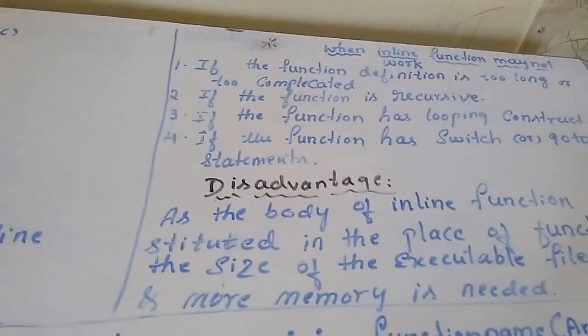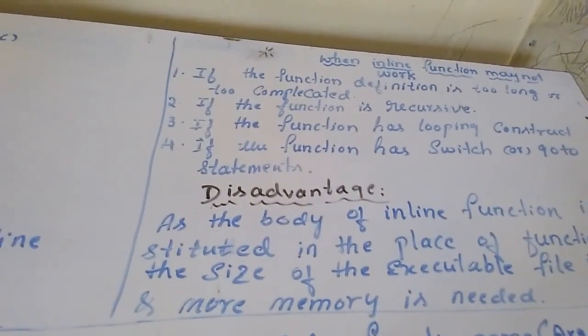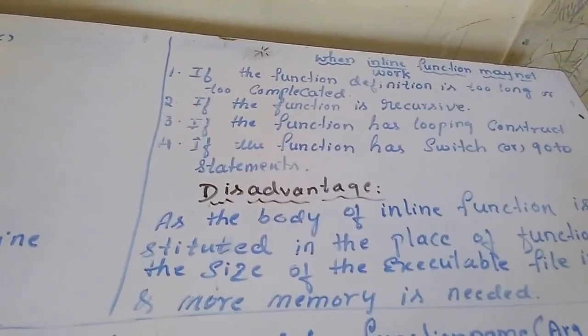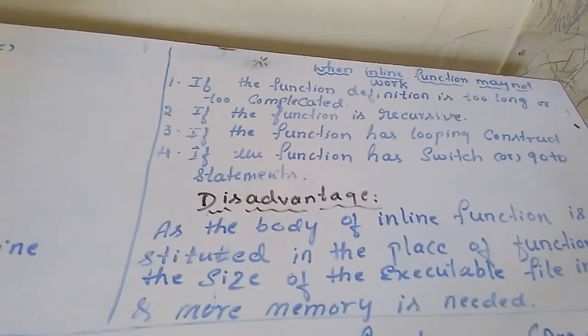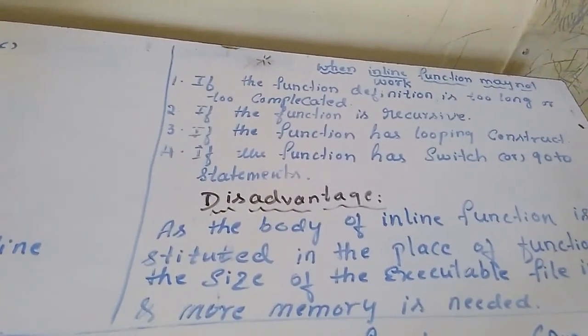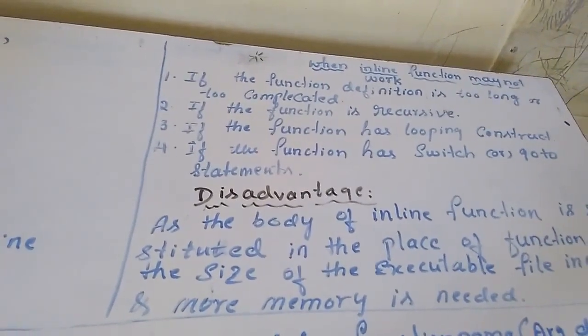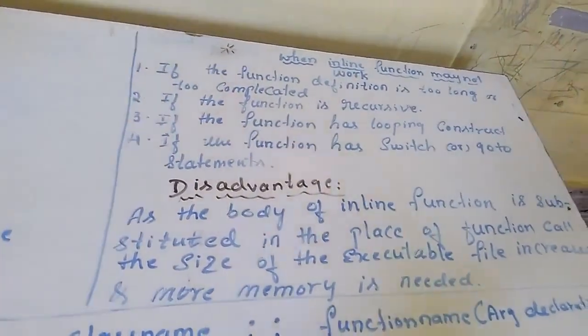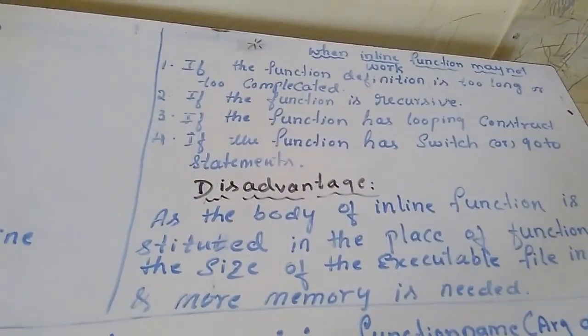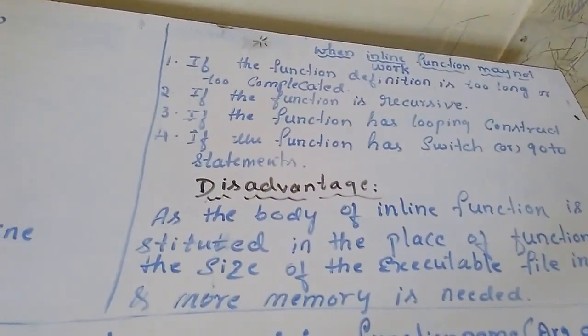Now the third point: if the function has looping constructs, for loop, while loop, do while, then also that function cannot execute as inline. If the function has a switch or goto statement, in such cases also inline function may not work. Understood? It executes not as an inline function but as a normal function.